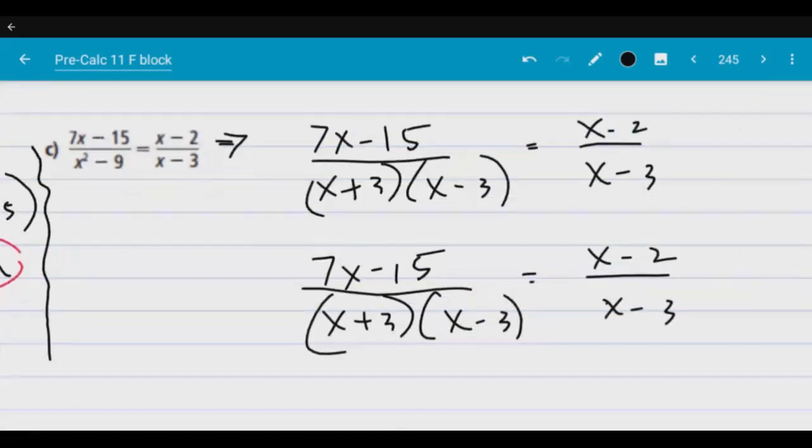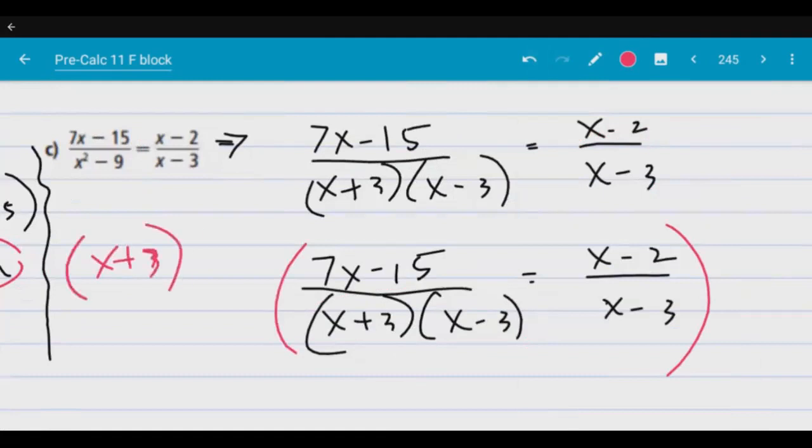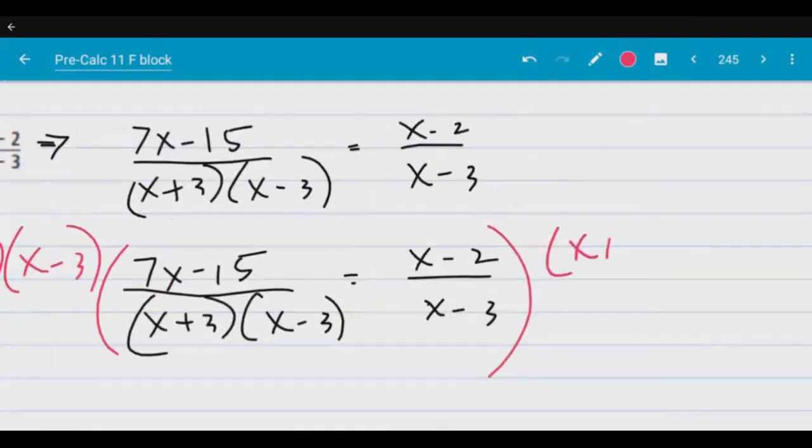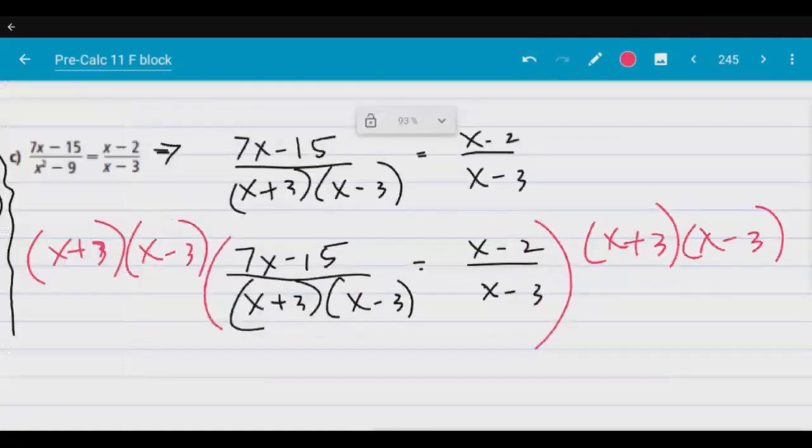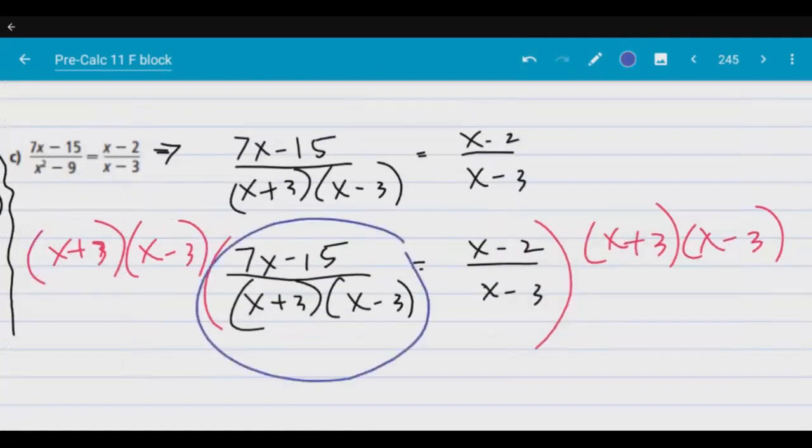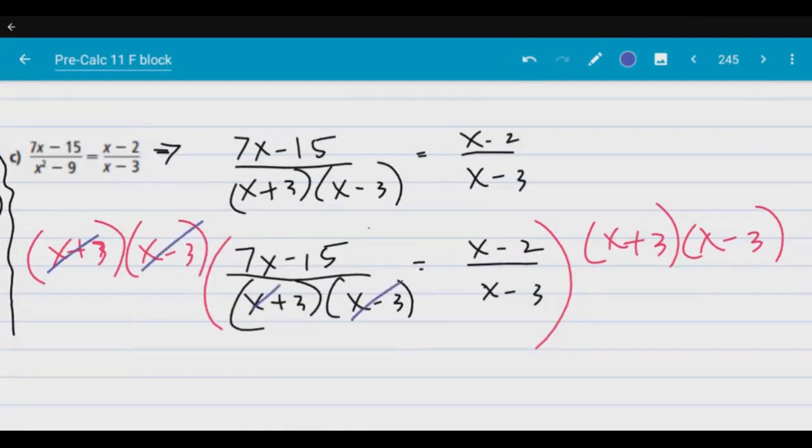I will multiply both sides by this one, all right? x plus 3, x minus 3. Other side, x plus 3, x minus 3. All right, look. This x plus 3 times x minus 3 is multiplied by this. So obviously the x plus 3 cancels out, x minus 3 cancels out. So only this is left. 7x minus 15.